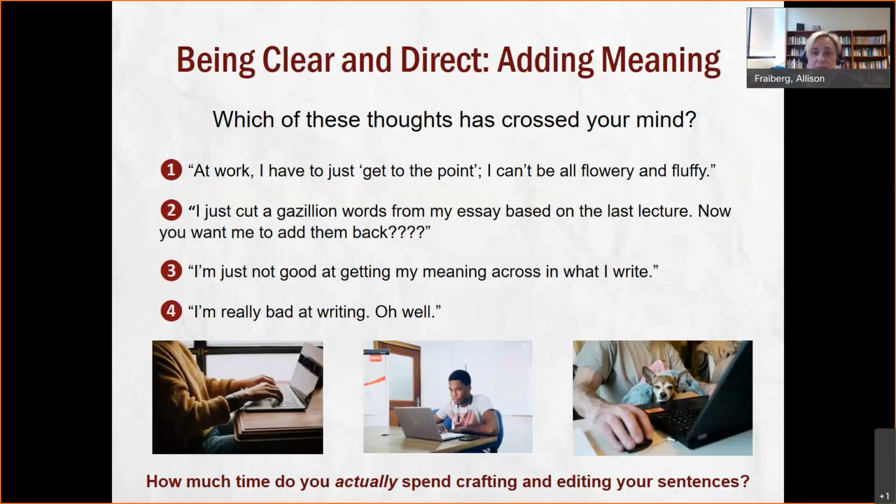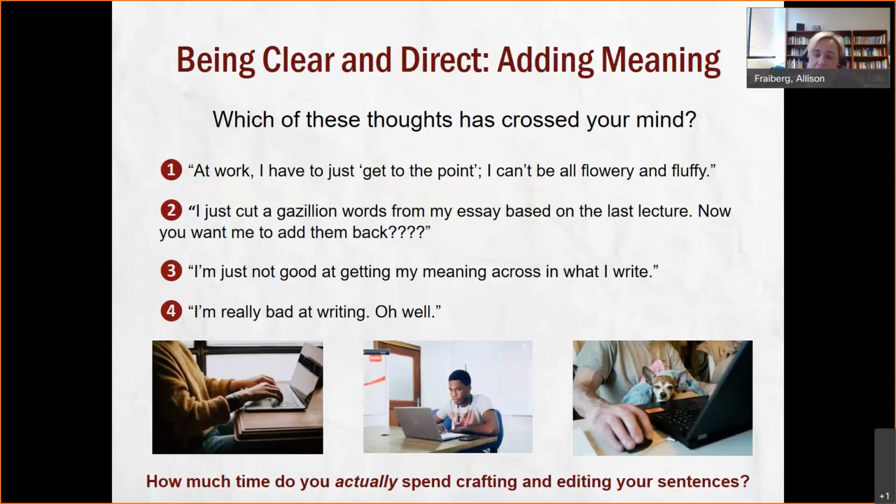And you know what? It's just not okay for numbers 3 and 4 to just go, oh well, I can't do it. I'm not good at this. It's going to be really important that you are good at this. You're going to find that successes come a lot easier when you can communicate and clarify your message.